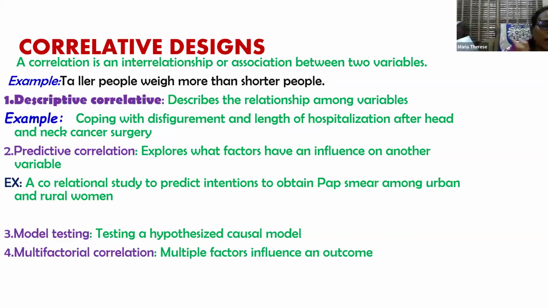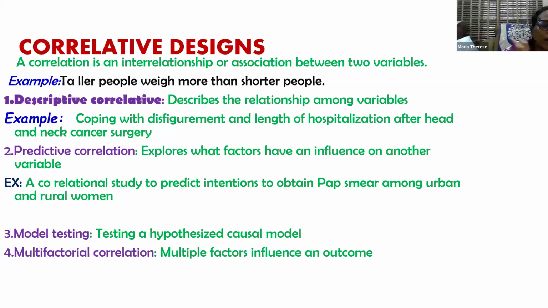And predictive correlation, which exposes what factors have an influence on one another. For example, a correlational study to predict intention to obtain pap smear among urban and rural women. So we are predicting what is in their mind, exploring what factors have an influence on another variable. And coming to model testing.